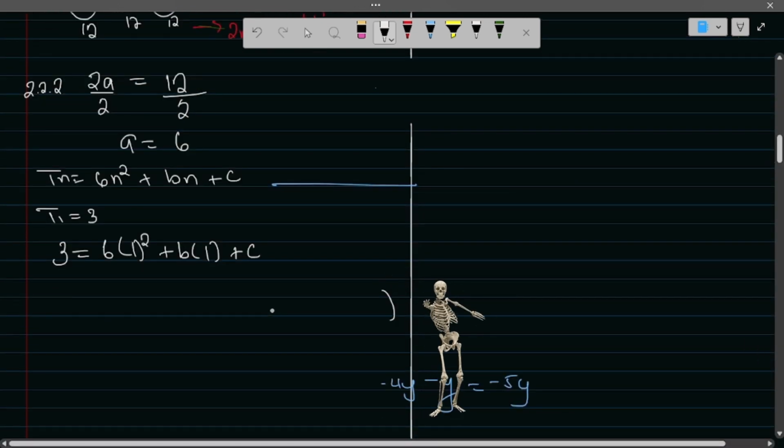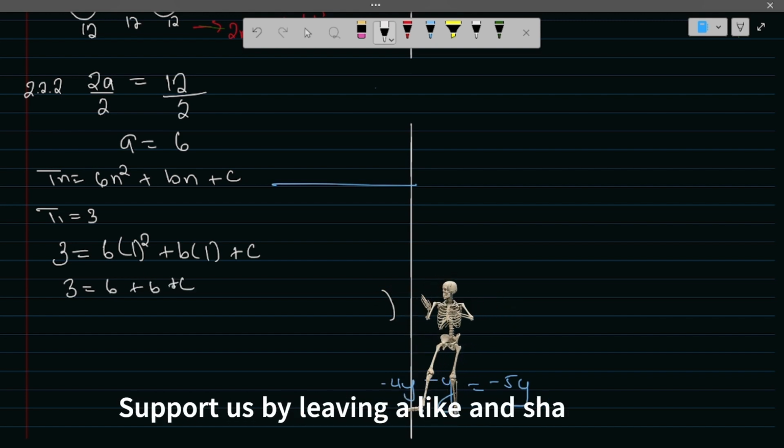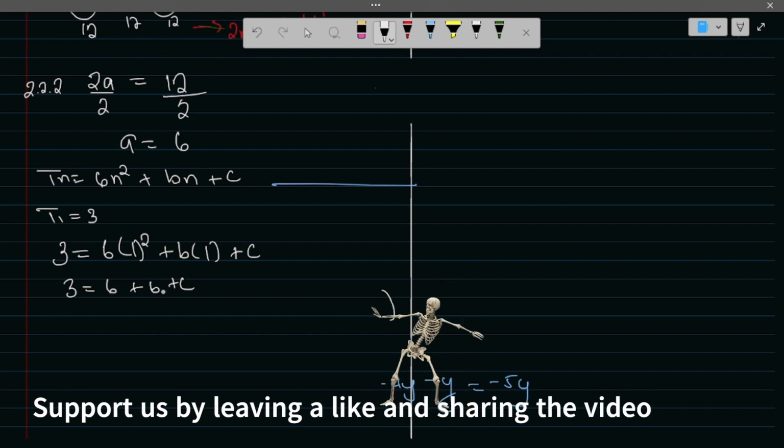Right, because we already got our equations. So it's going to be 3 equals 6 plus b plus c, and therefore we have to solve for c now.